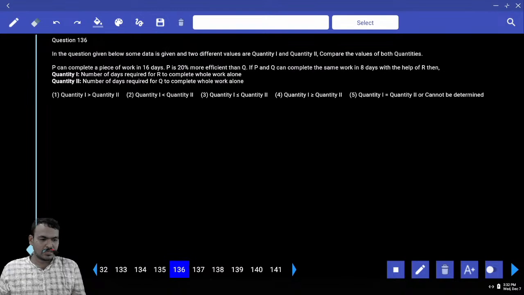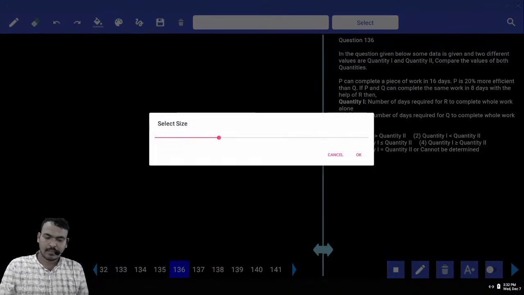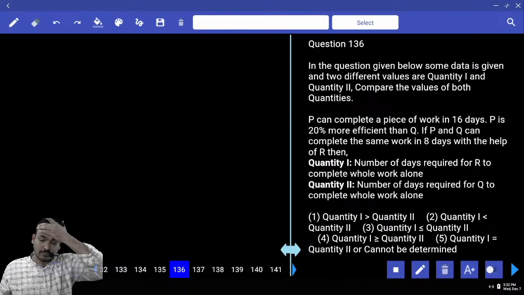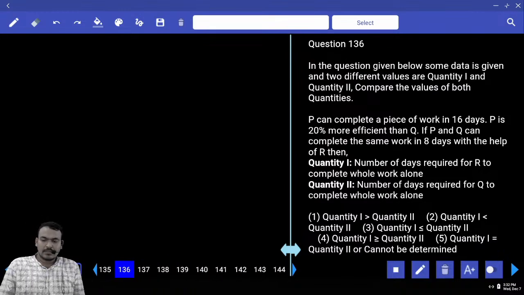Question number 136. Comparison of quantities. P can complete a piece of work in how many days? 16 days. P is 20% more efficient than which one? Q. But P and Q can complete the same work in how many days? 8 days. With the help of which one?